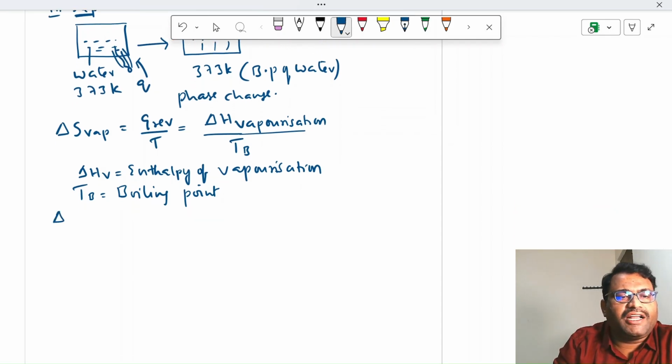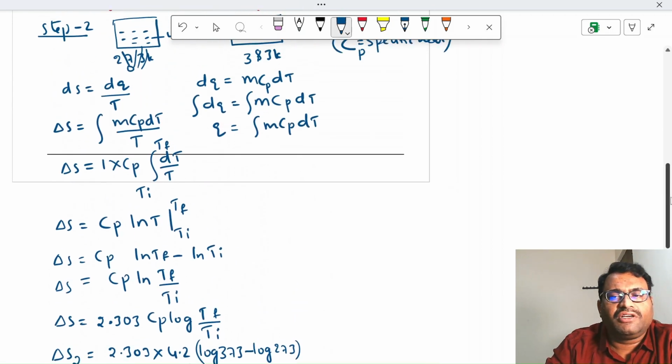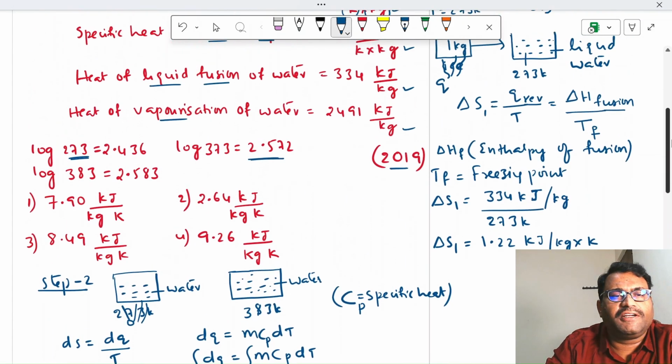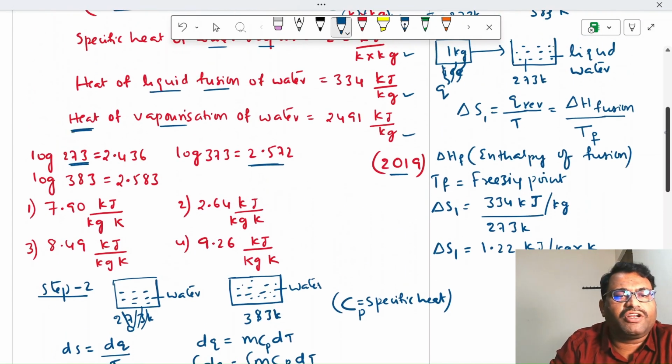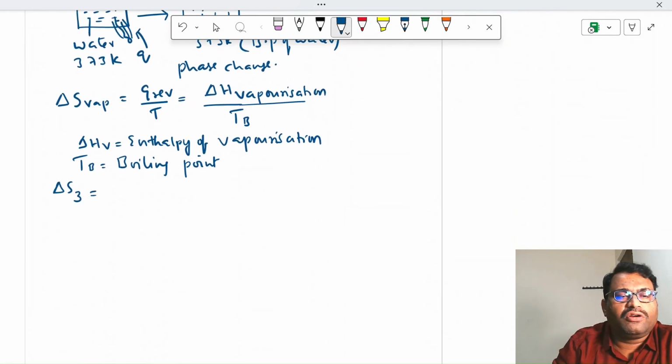Now delta S for this third step, the third process, is equal to enthalpy of vaporization, which is given in the question as 2491 kilojoule per kg, divided by the boiling point of water, 373 Kelvin.